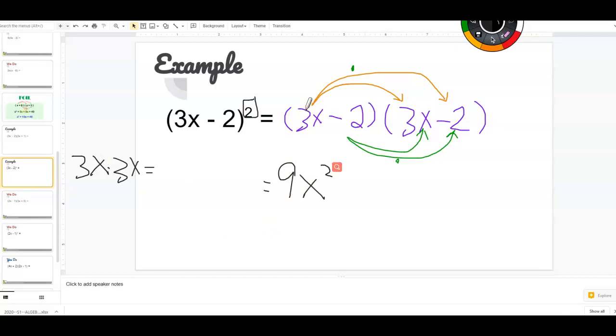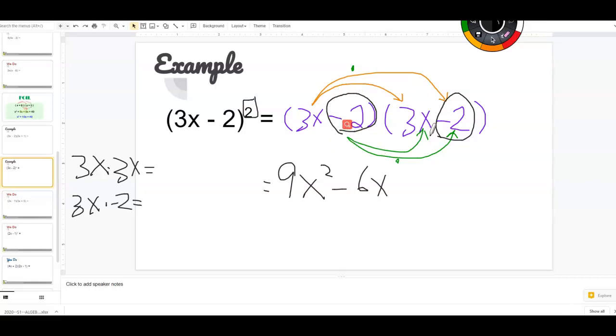Okay. Second arrow, 3x times -2. Don't forget the sign in the front. Okay. -2. So number part, 3 times -2 is -6. X, you only have one x, so it's -6x. Next arrow, -2. Don't forget the number in the sign in the front.